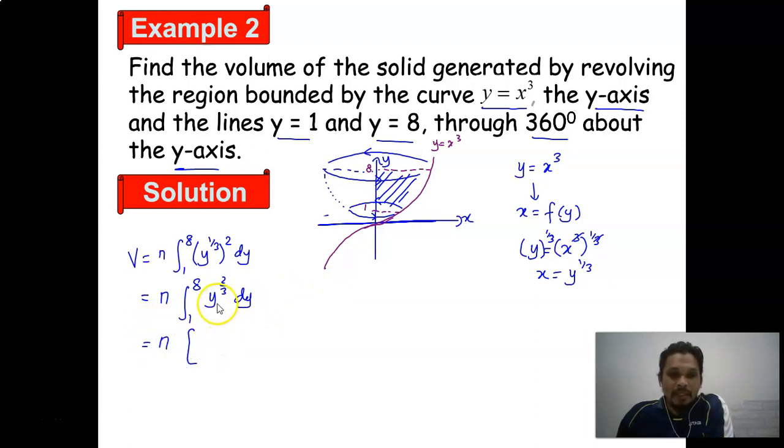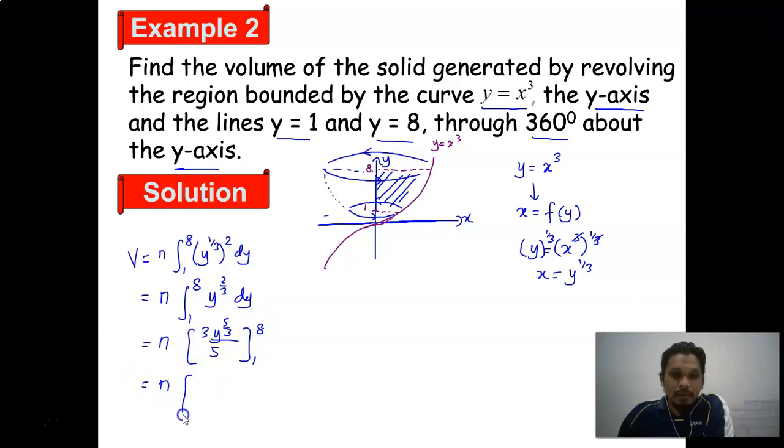Integrate this: y to the power of 2 over 3 plus 1, or 2 over 3 plus 3 over 3, comes out with y to the power of 5 over 3, divided by 5 over 3, or bring the position upside down, comes out with 3 over 5, from 1 until 8.